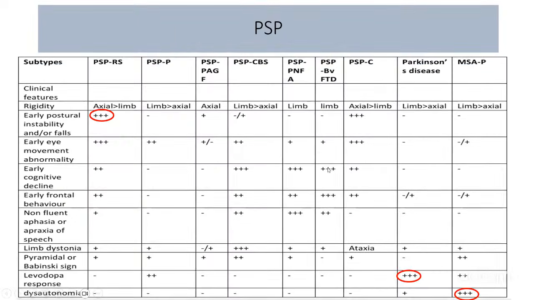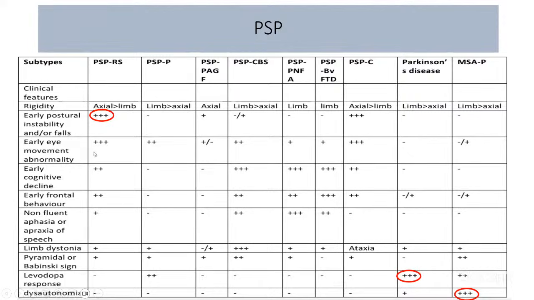So even for PSP, we have different variants: PSP Richardson type, Parkinsonian type, PSP of gait freezing, PSP-CBS, the frontal or behavioral variant of FTD, and PSP-C. Early postural instability is mainly seen in PSP Richardson type. Early eye movement abnormality is seen in the cerebellar type PSP-C, and also in the Richardson type.